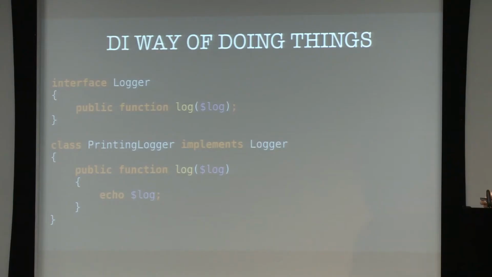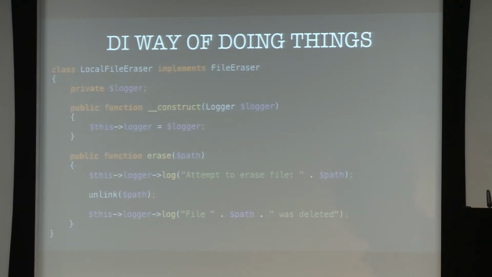Okay, so there is one more thing about dependency injection. I told you that the containers are good at resolving big object graphs. There's also another way of solving exactly the same problem, and it comes from functional programming. So we have our good old logger, we have this interface and our implementation.